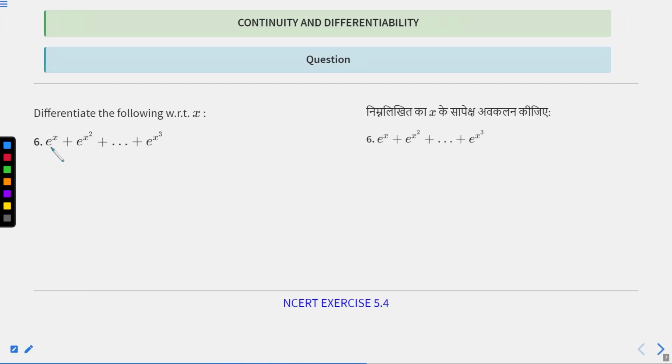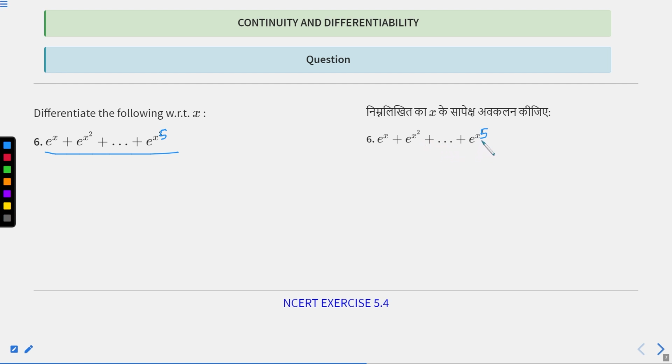Problem 6 says: e^x plus e power x squared plus e power x cubed. This means we have 2, so I think it will be 5, not 3, as the next term will be the third term.